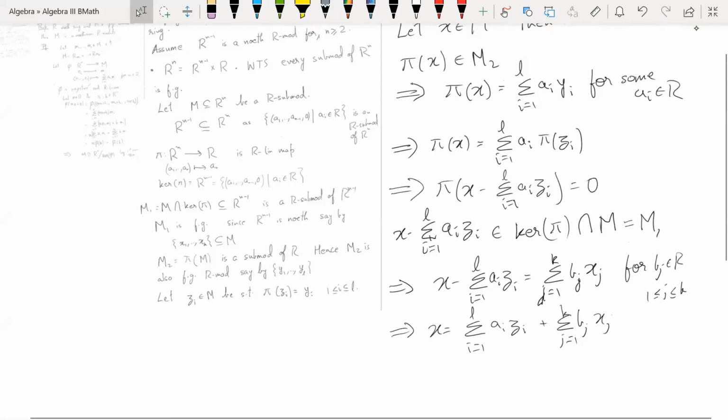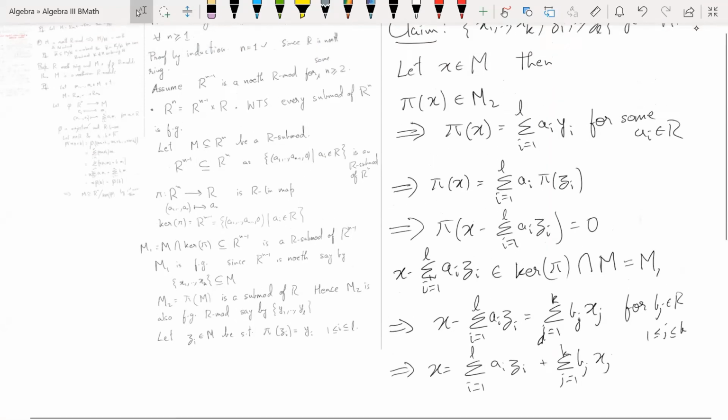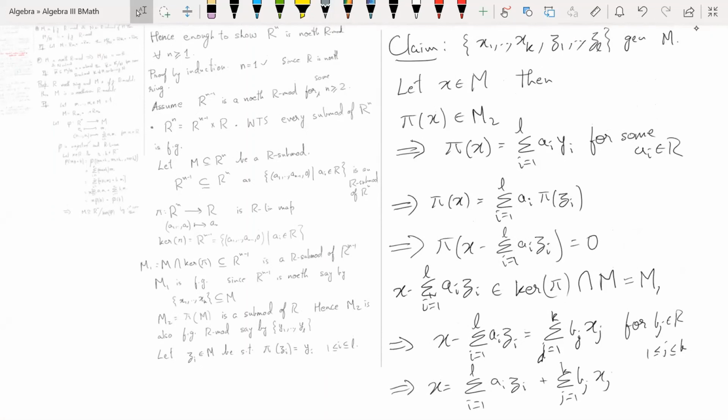Excuse me, sir. Can we generalize the latter part of this proof to say that if P is Noetherian and Q by P is Noetherian, then Q is Noetherian? Yes, this should be okay.